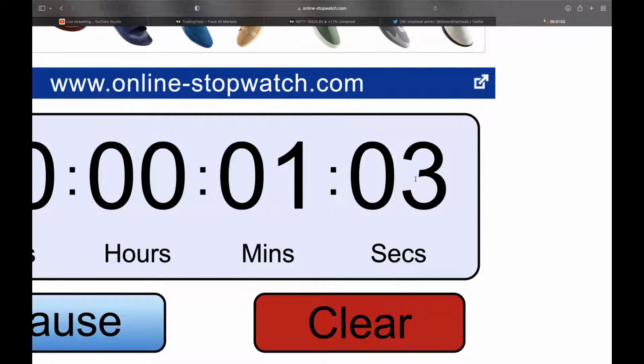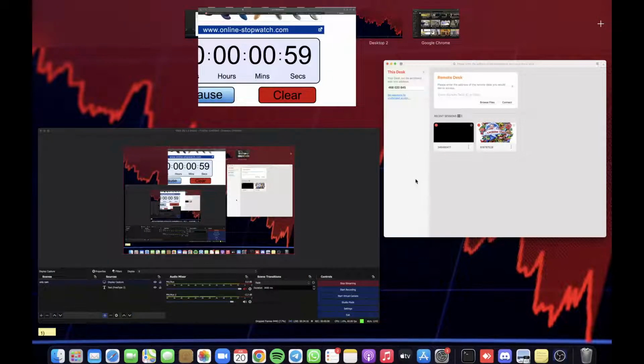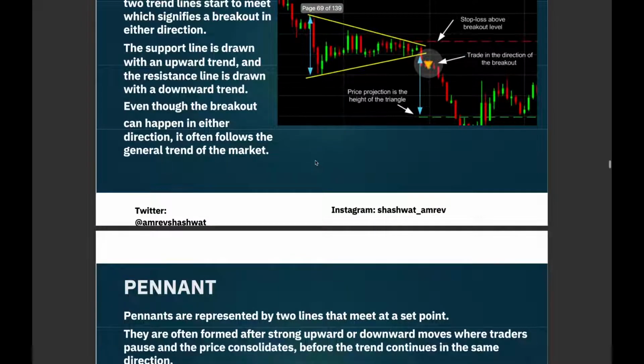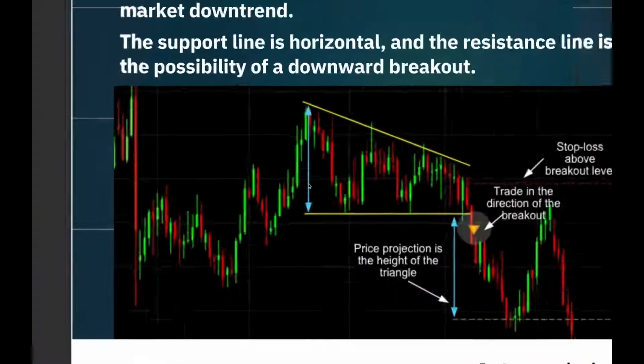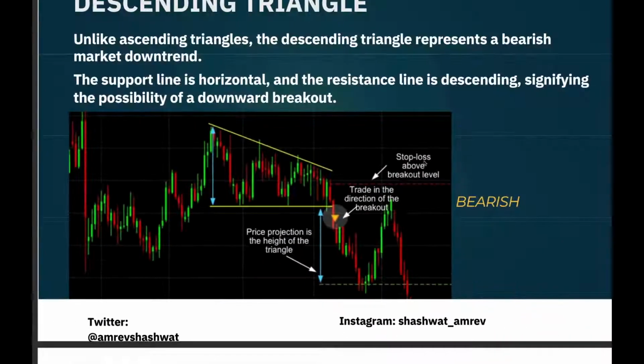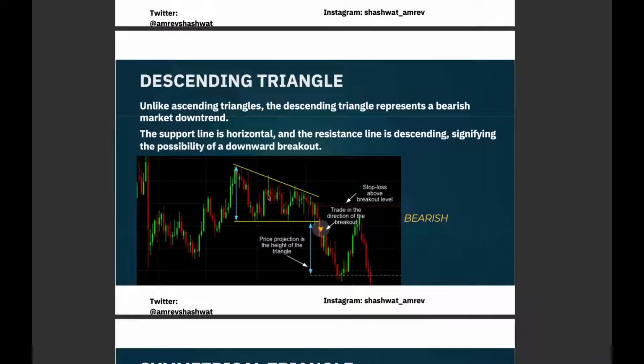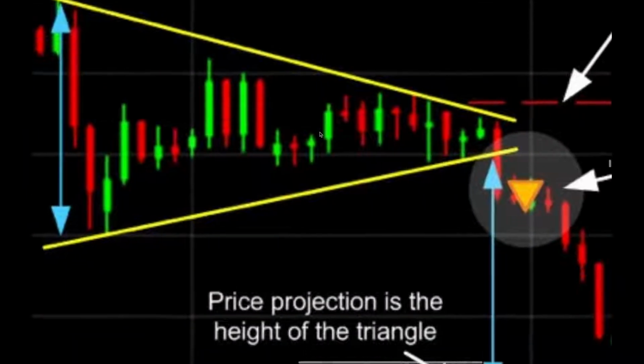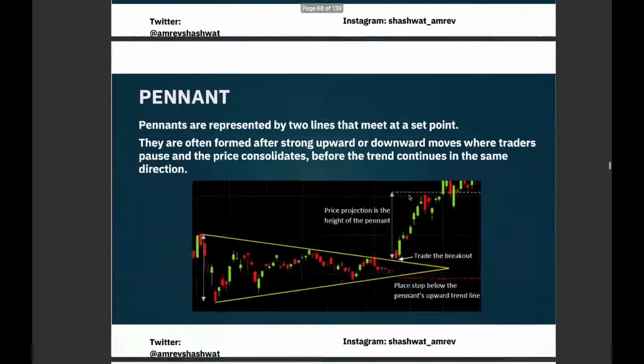If you can, please tell how to trade in each pattern. I already told. See, check this out. From the starting, I told the opening of this will be your target, and above the high will be your stop loss. Similarly, I told here the opening of this will be your target over the downside.